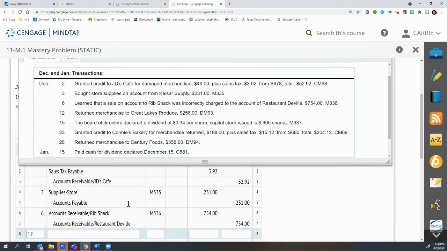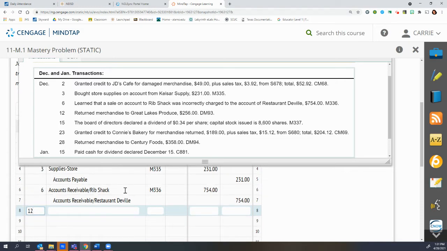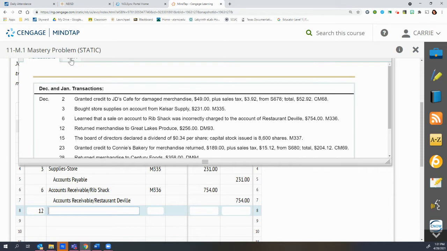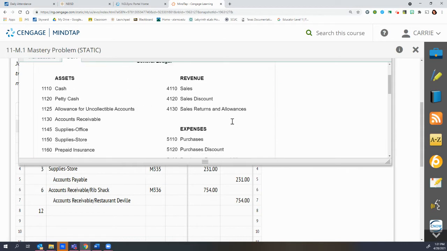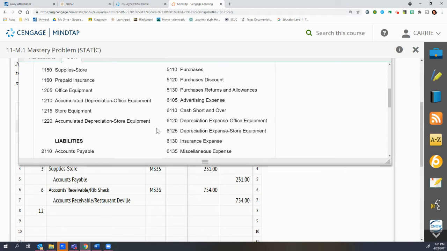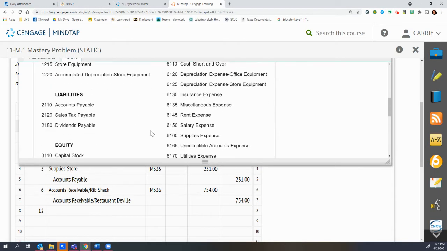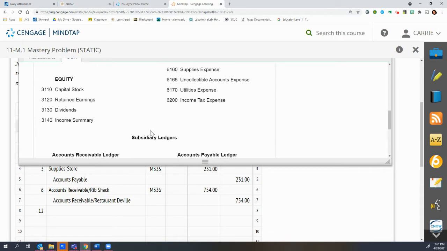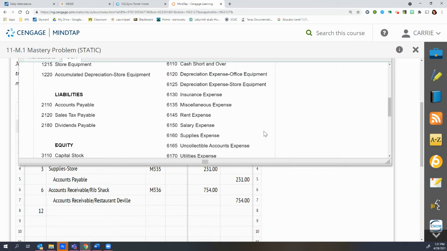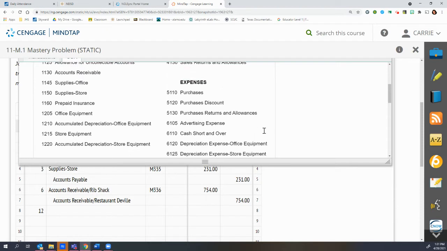And then on the 12th, we return merchandise to Great Lakes Produce. Okay, let's see what it's called on the chart of accounts. Okay, so it's purchases returns and allowances.